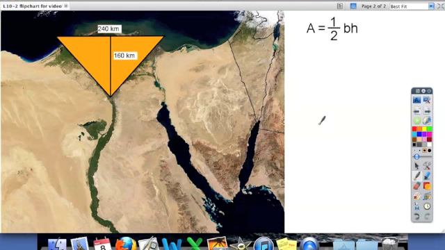So let's take a look here. We know that area is going to be equal to 1/2 the base, and the base is 240 kilometers, multiplied by the height, and the height is 160 kilometers.